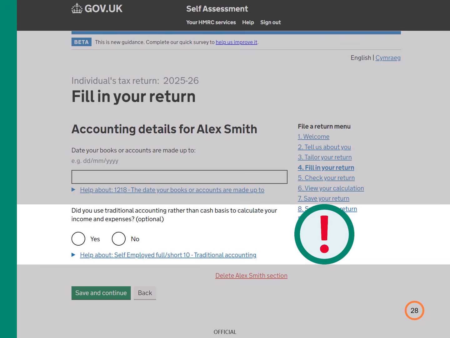Cash basis is now the default method of working out your income and expenses if you're self-employed or in a partnership. So this question asks if you're using traditional accounting instead of cash basis.